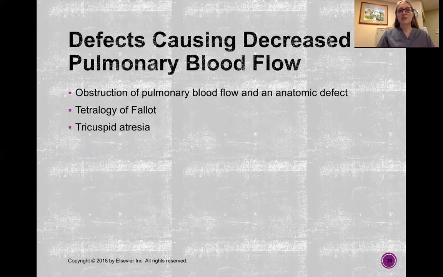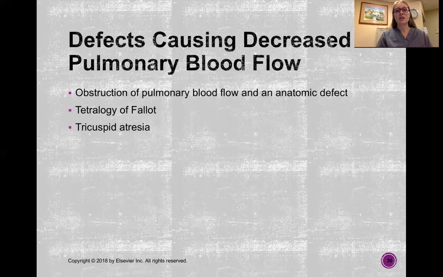And we're going to have a drastically increased pressure on the right and decreased pressure on the left side of the heart. So what we see here is desaturated blood going into systemic circulation.